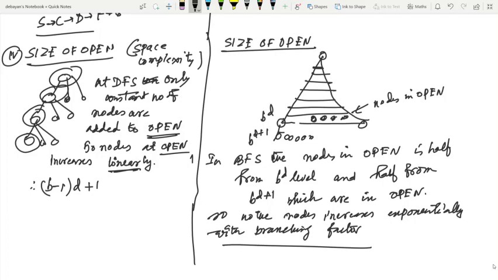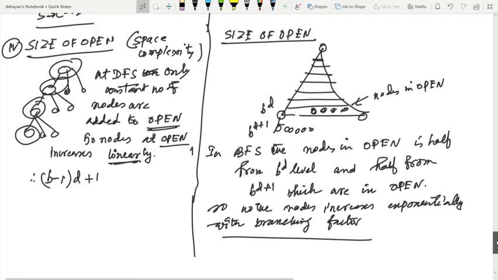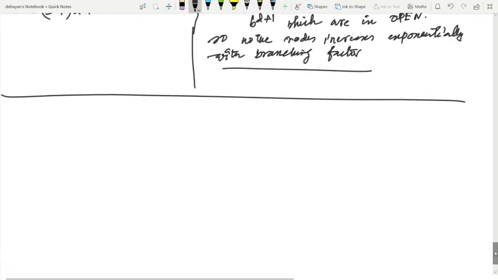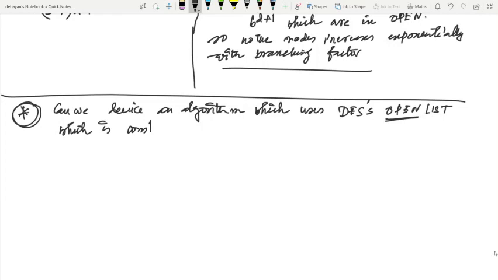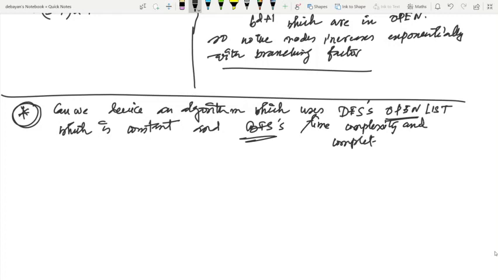Can we devise an algorithm which uses the DFS open list, because space complexity is linear in case of DFS, and BFS's time complexity and completeness, because BFS is better in respect of time complexity and completeness?